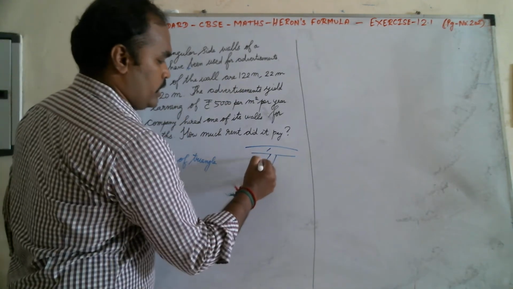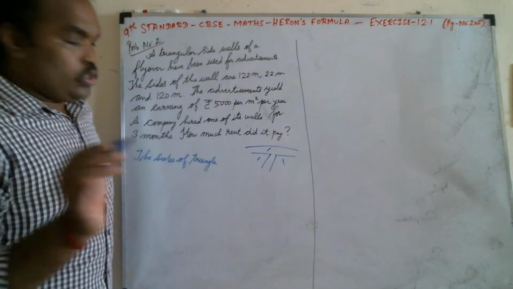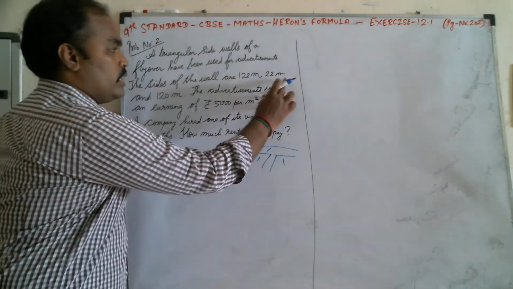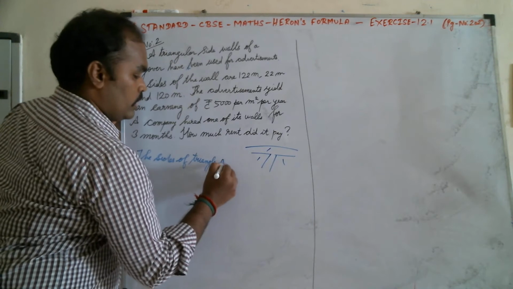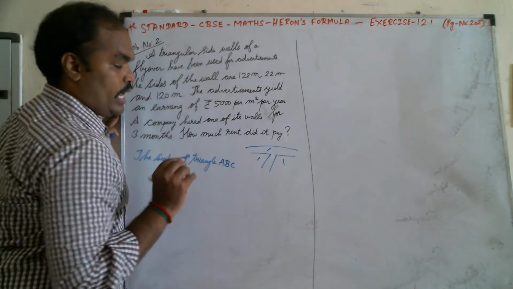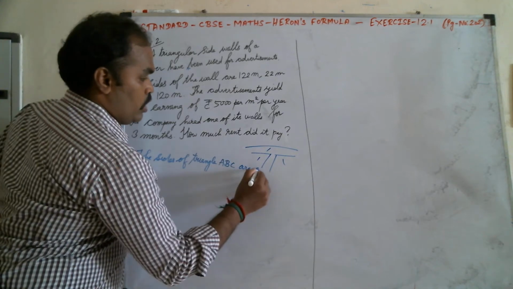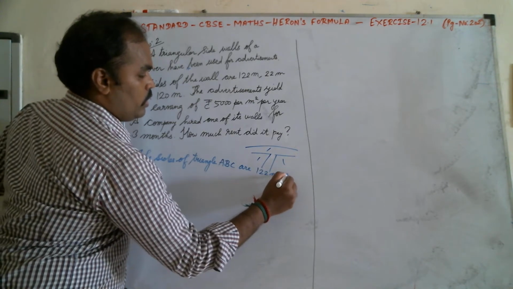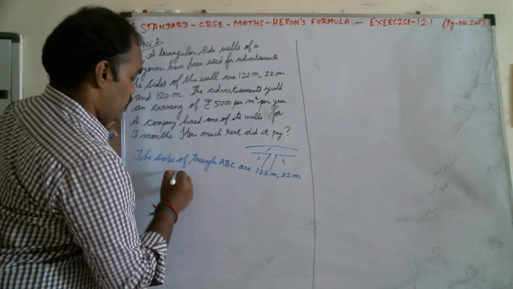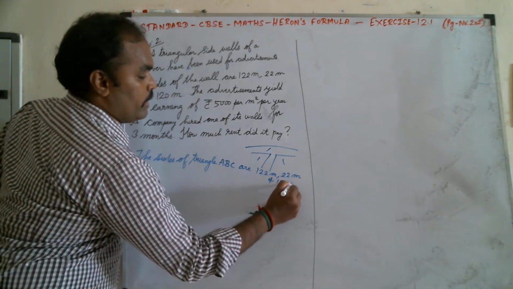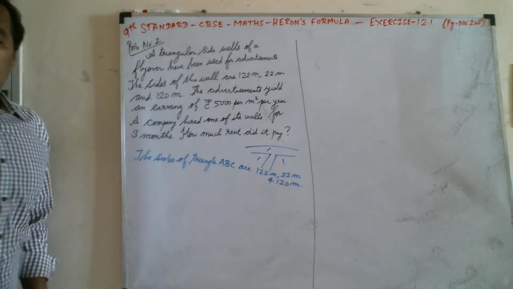So this is one side, this is one side, this is one side. What are the 3 sides they have given? We can consider the triangle as ABC. The sides are 122 meter, 22 meter and 120 meter. So these are the 3 sides.